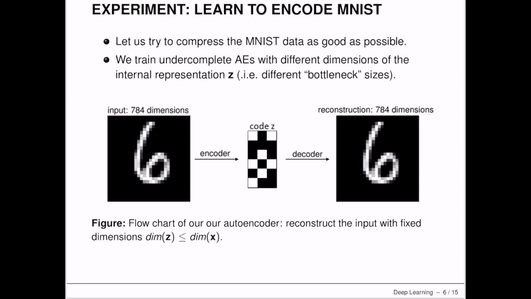We use some simple encoder to map this input to some hidden code, and a decoder to map it back to the image space. In this experiment, we will vary the size of the hidden layer, so the number of hidden neurons that we use, and see what the effect of varying the size of this bottleneck is.